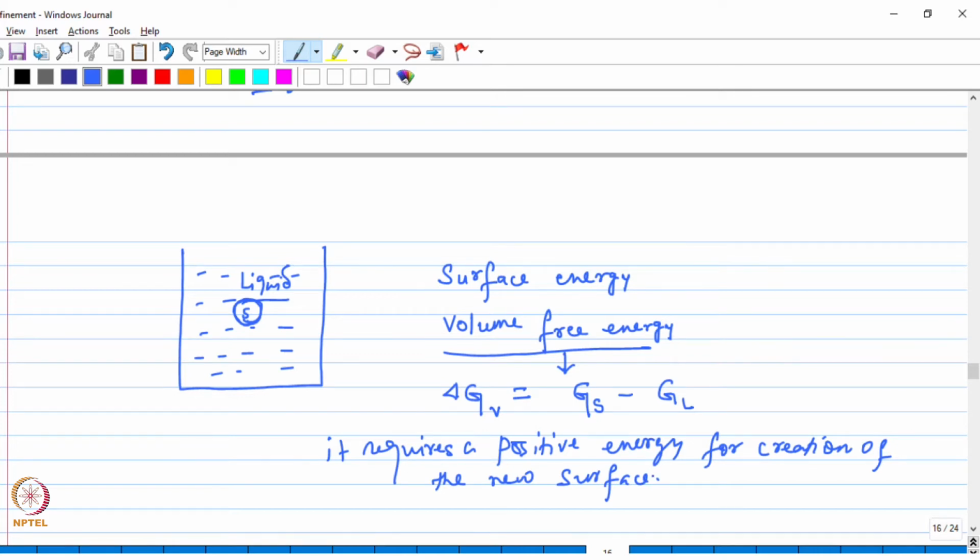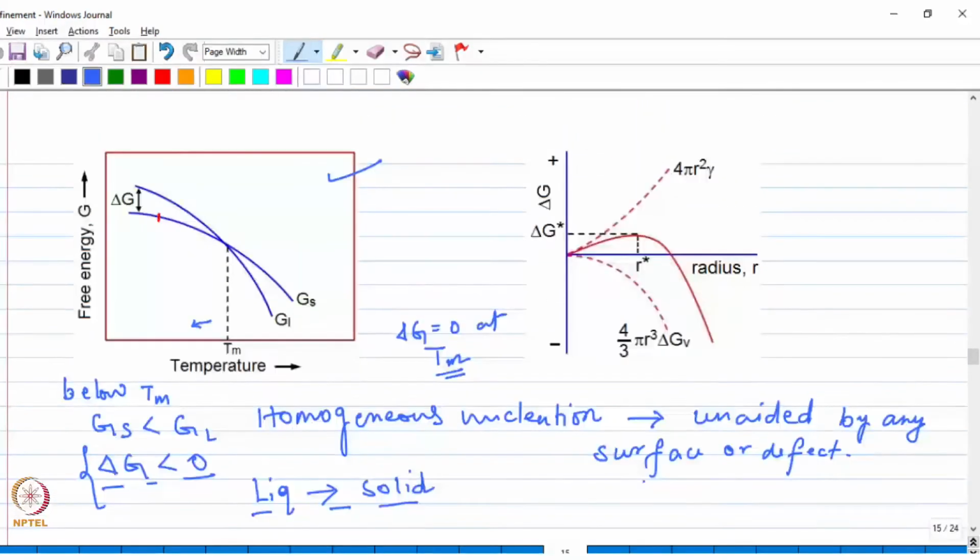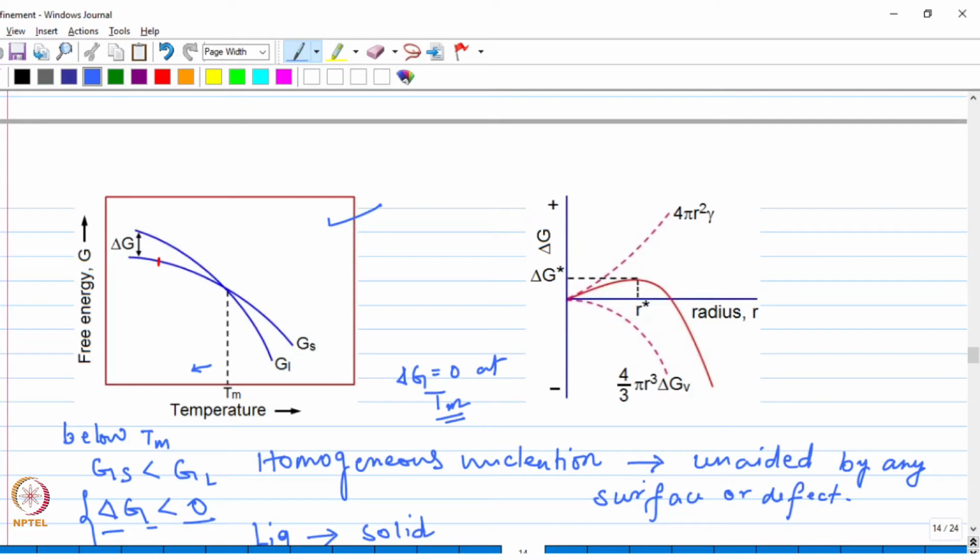And that is exactly why you see these two contributions to the free energy change, okay, as you could see from this diagram now. So this is the surface area contribution that is positive due to the creation of the new surface, right, this component over here.